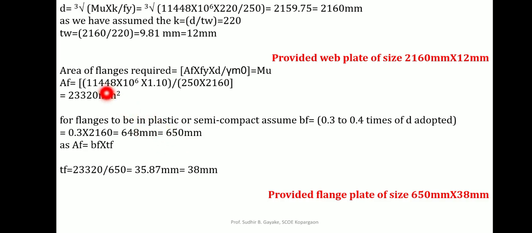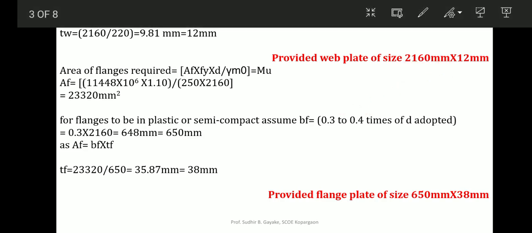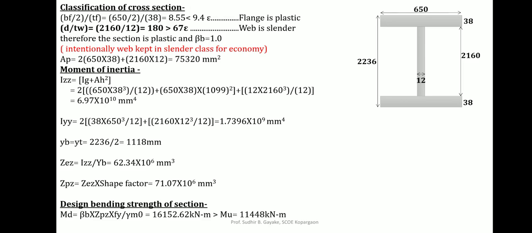Since area is known, you can calculate the thickness of flange, and that is equal to 38 mm. So for this third condition we get flange as 650 by 38 and web as 2160 by 12. Our cross section is defined: two flange plates of 650 by 38 and one web plate of 2160 by 12.